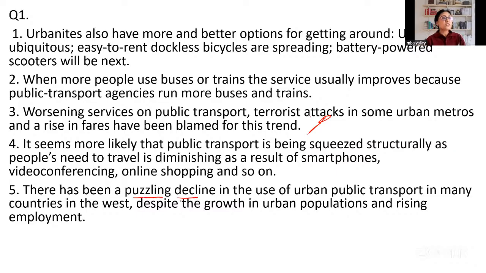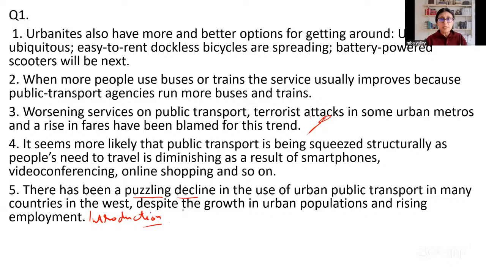So sentence 5 introduces the issue of decline in public transport despite growing urban population and employment, right? So there is a puzzling decline. This is the introduction. From here we have introduced it; we are looking for the solution to this problem, maybe the root cause of this problem, we don't know yet, we will track it, but this is the introduction, right?